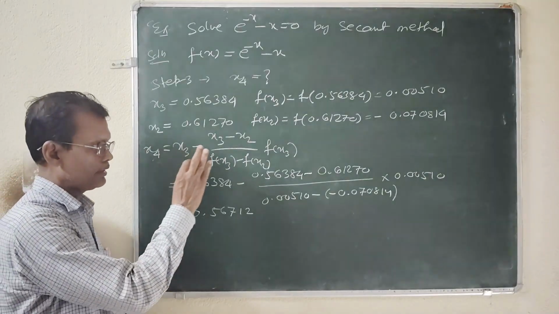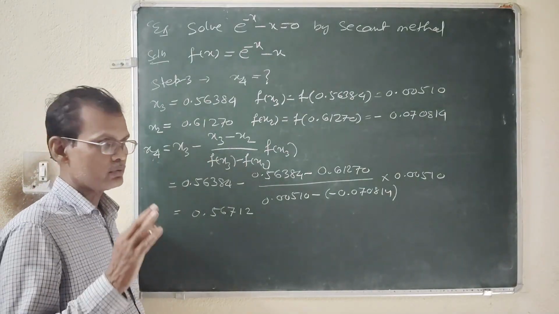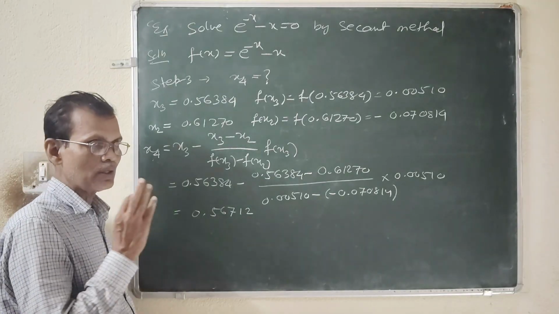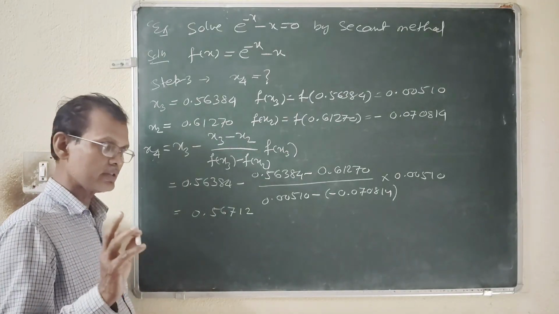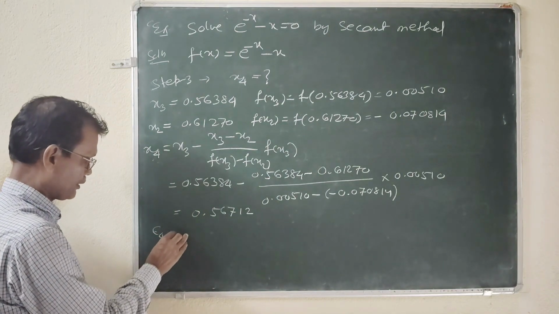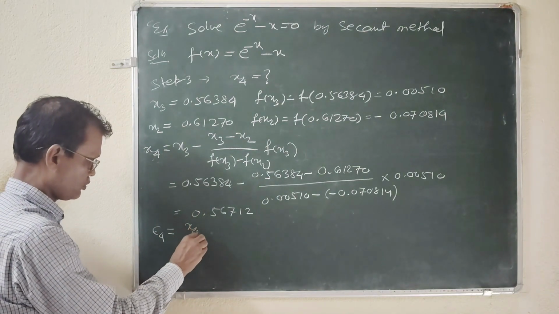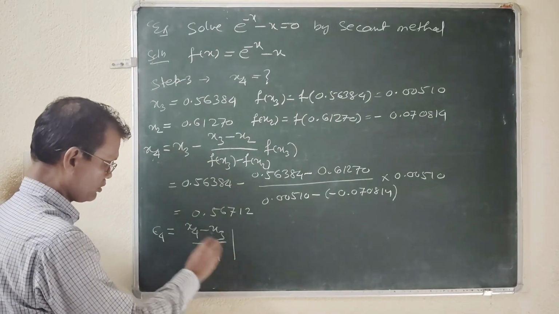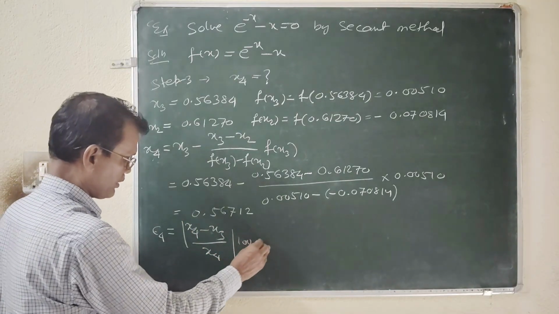So this is the value of x4, right? And once we get the value of x4, we have to decide whether this approximate solution x4 will be our desired result or not. For that, we have to calculate the error epsilon 4. Epsilon 4 is |x4 minus x3| by |x4| into 100.